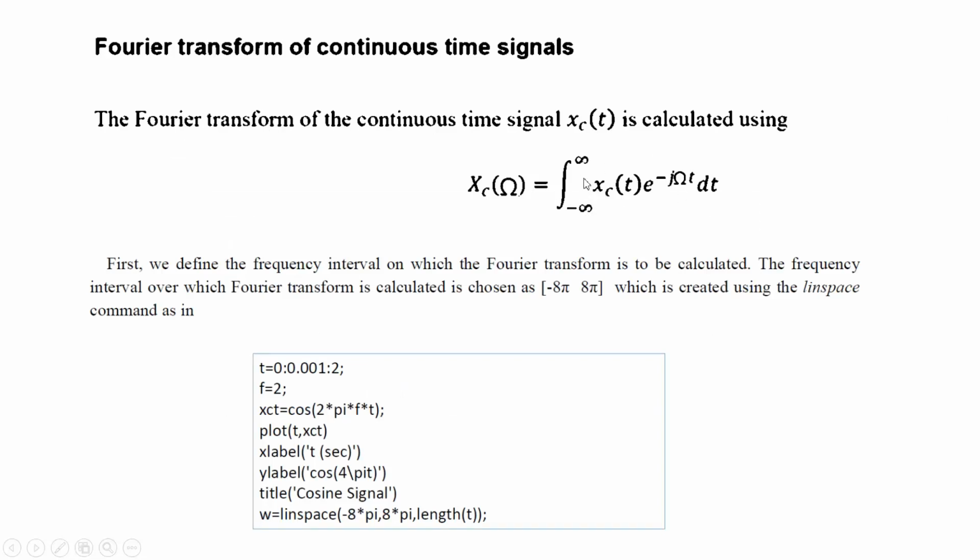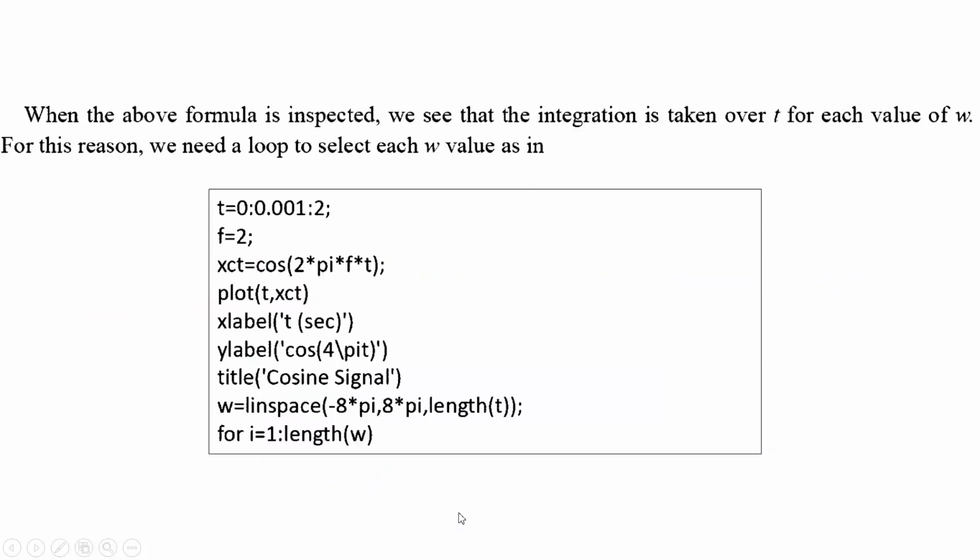The integral goes from minus infinity to infinity, but to limit this integral we have selected the interval from minus 8 pi to 8 pi. Actually we need to calculate this integral using Matlab. So this is the interval selected, and the step size for the time is selected between minus 8 pi to 8 pi with this time vector.